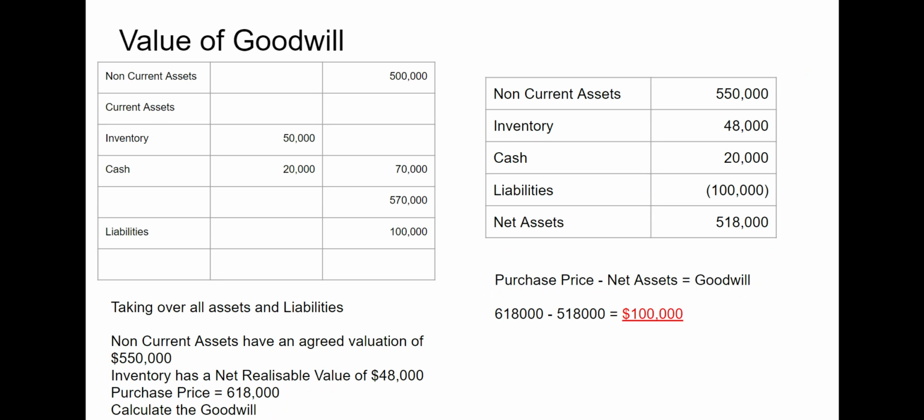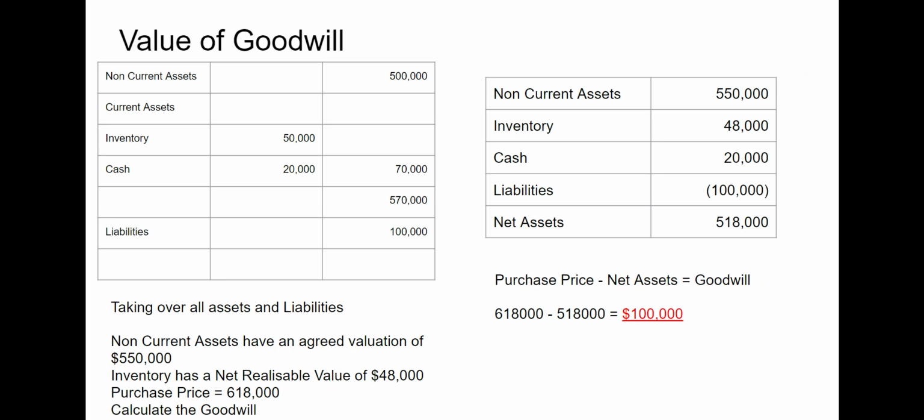Okay, it's possible to change the question very slightly. So here we've got exactly the same numbers, but here we're told the purchase price is 618,000, and we need to calculate the value of the goodwill. Well, if net assets plus goodwill equals purchase price, subtract net assets has got to equal goodwill.